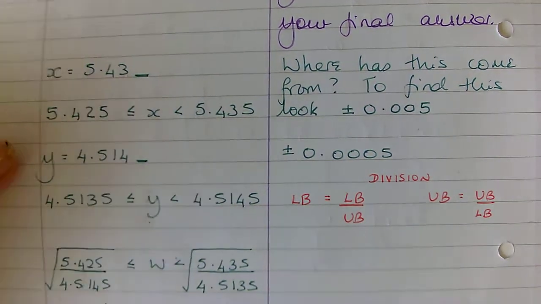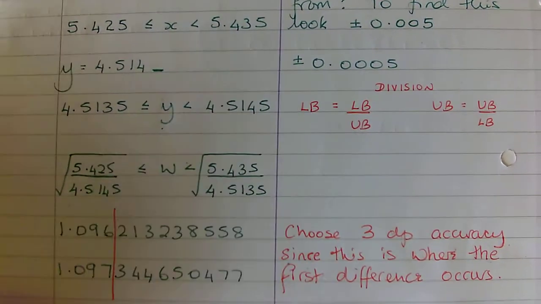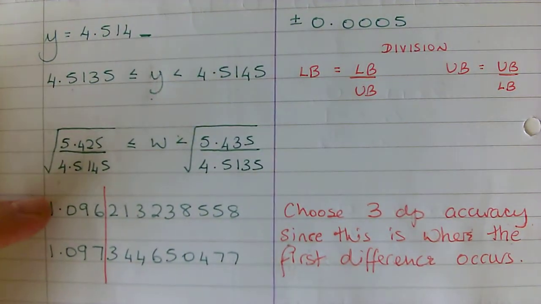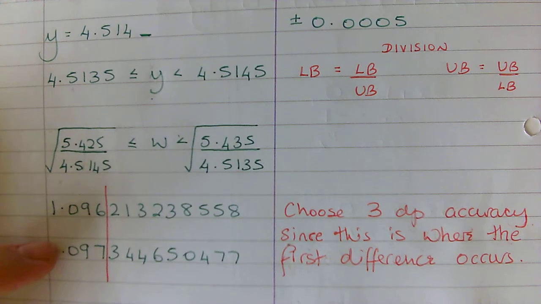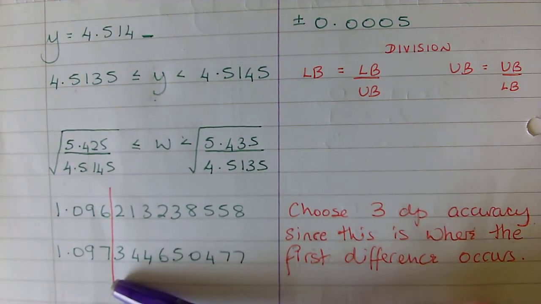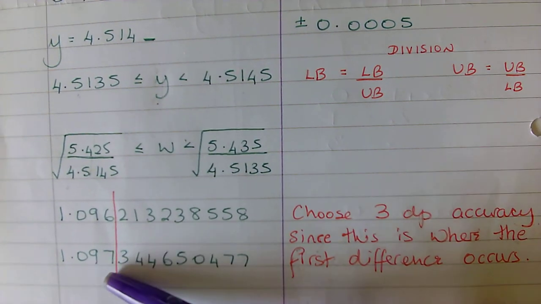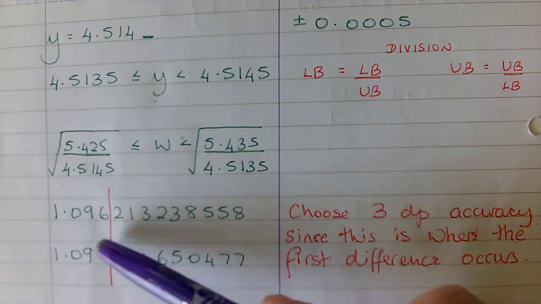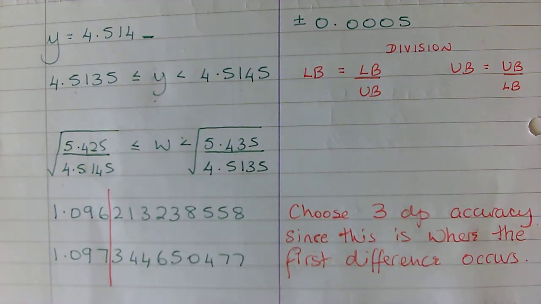Now when we actually look what those are worth in terms of value, then we have these two values here, and you'll see that I've put a red line to indicate where a change has occurred in those two numbers. These first three figures are the same, but the fourth one is different.